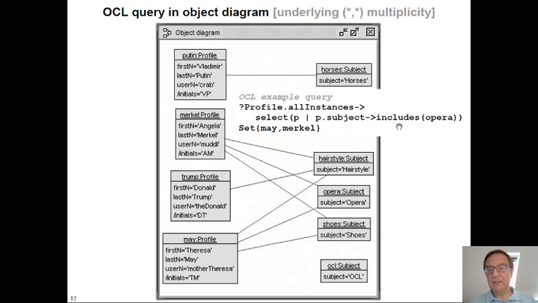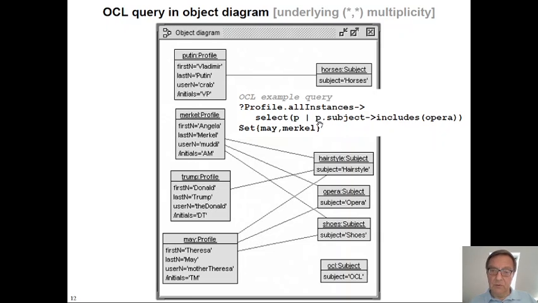The predicate formulated here makes use of one given object, namely the opera object, and we navigate from a profile object through the role name subject to all the subjects associated with the respective profile objects, and we consider only those profile objects which have the term opera in their associated subject set.